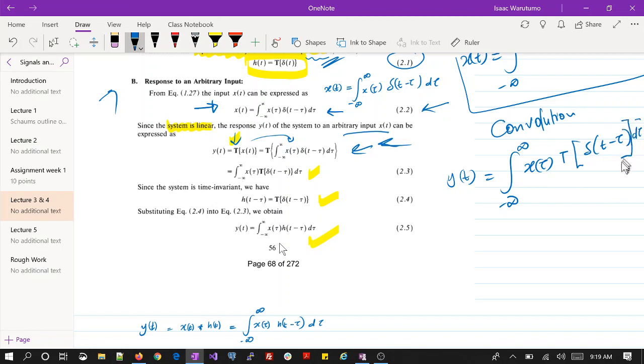So how this system acts on the unit impulse can simply be expressed as we can see in this equation.